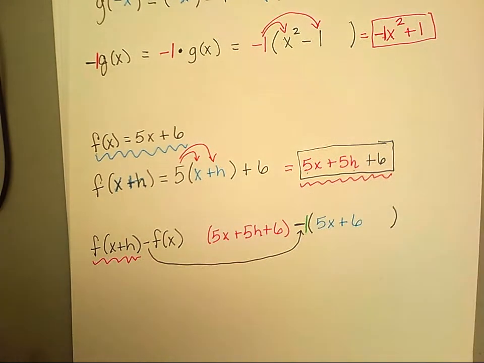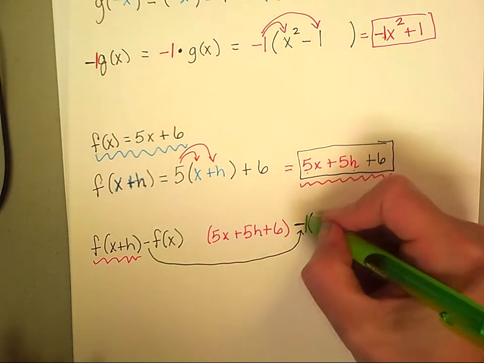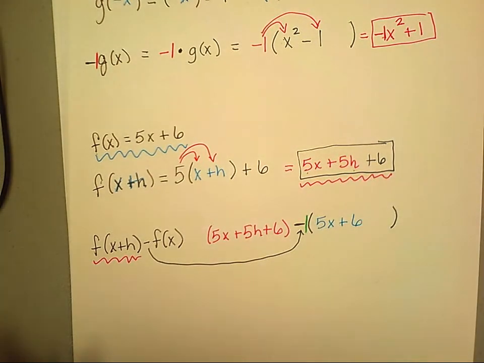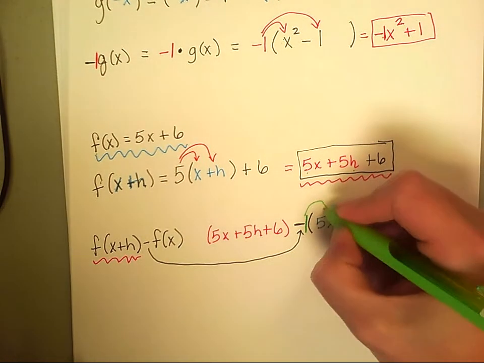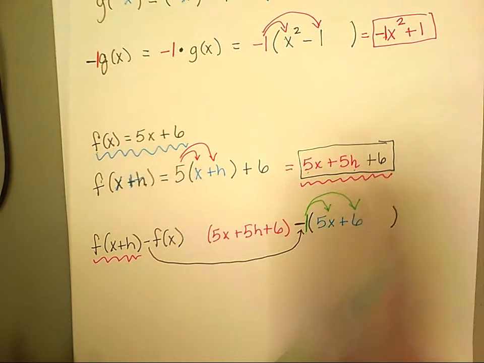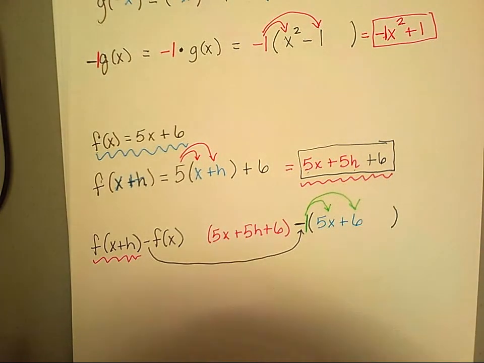And if you want, go ahead and put that negative 1 in front of the parentheses so you can remember. Why we're going to do that is we're going to have to subtract and change the signs.